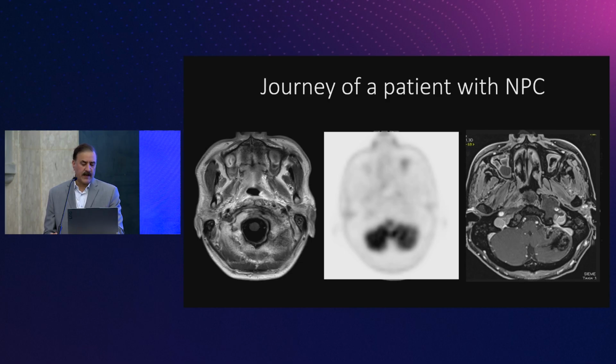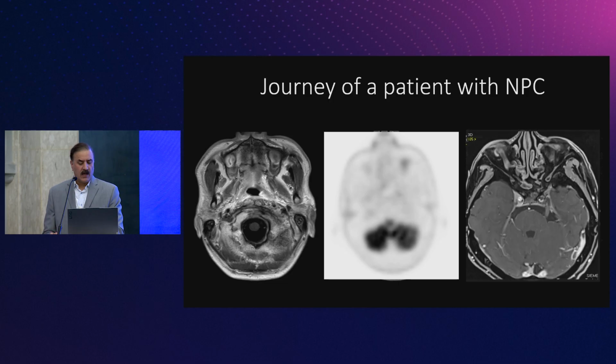Then we reached a point where we saw this large area of non-enhancement within the petrous apex right next to the jugular foramen, and we started to get a little itchy that is there something happening, but it was non-enhancing, so we were still okay. But then on the next follow-up scan, we saw the trigeminal nerve enhancing. The patient was still not complaining of any symptoms related to the trigeminal nerve involvement.